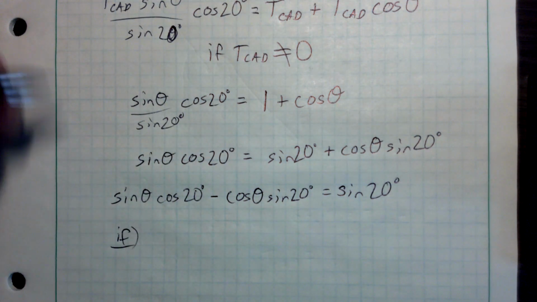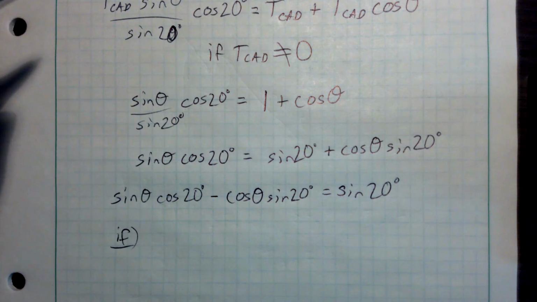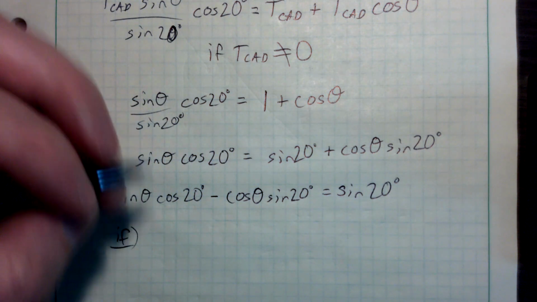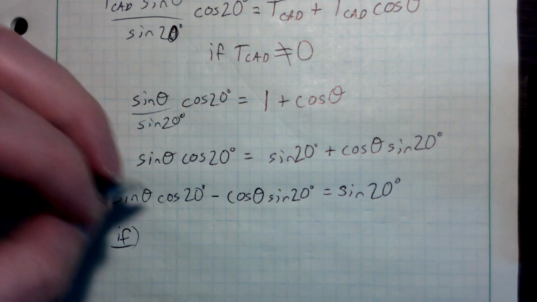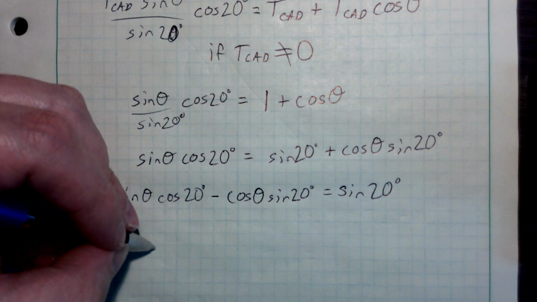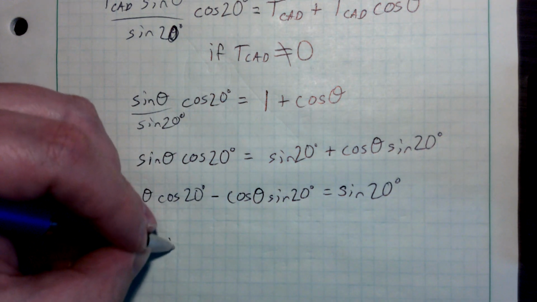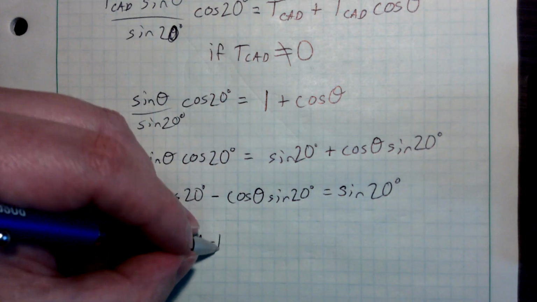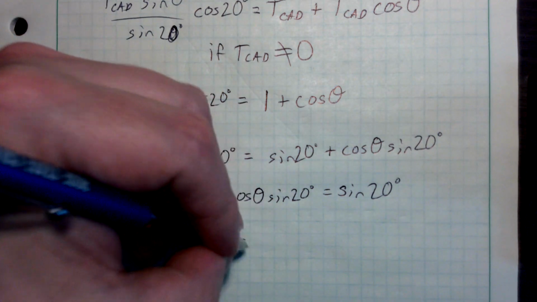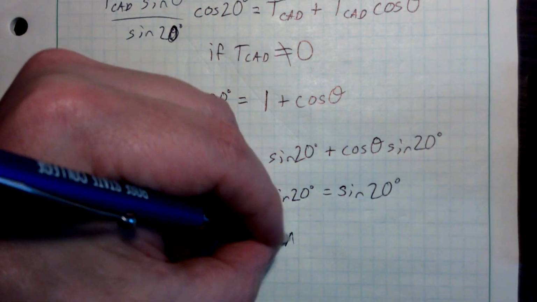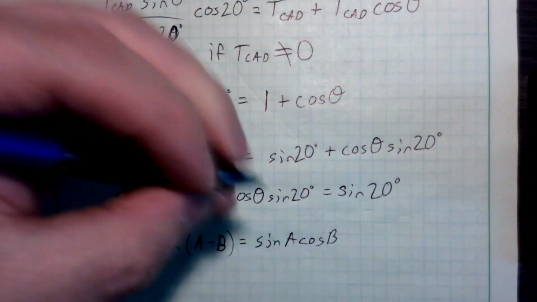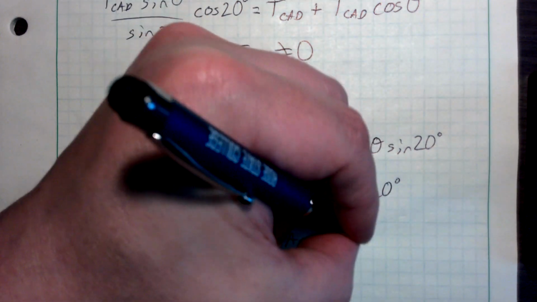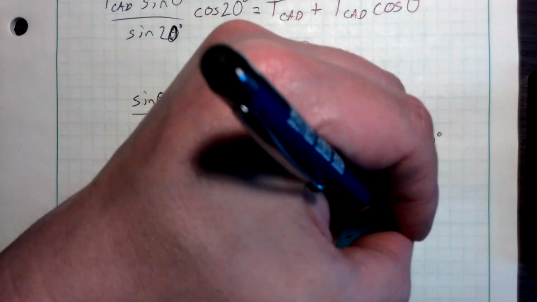This is not the kind of thing I would expect you to remember on a test, because it's probably been a while since you've used it. I had to go look it up, but the sine of A minus B is equal to the sine of A cosine of B minus the cosine of A sine B.